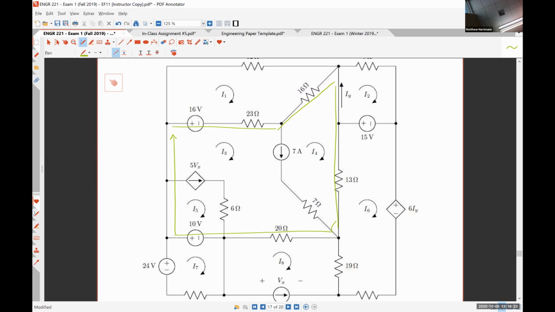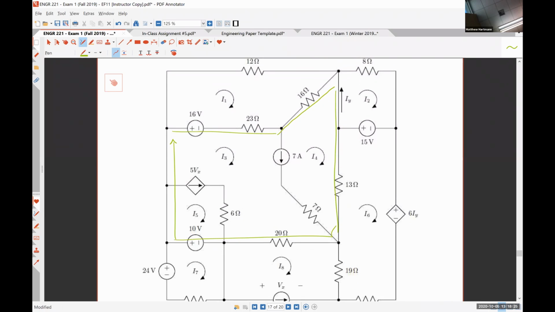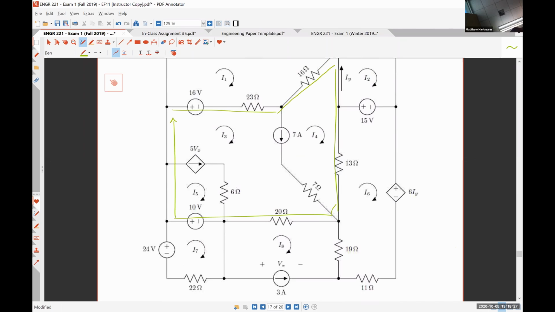So that's our path. So do I have space? All right, so let's start from down here.